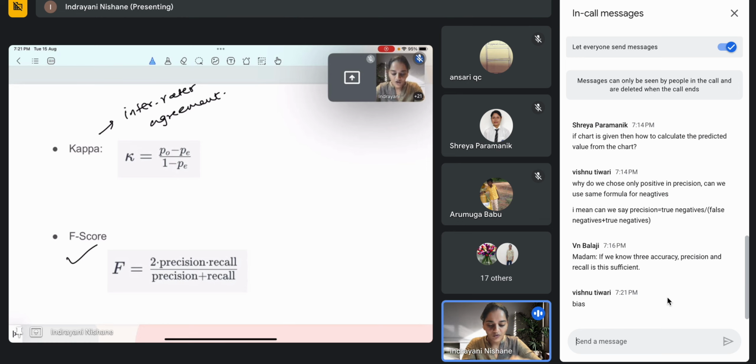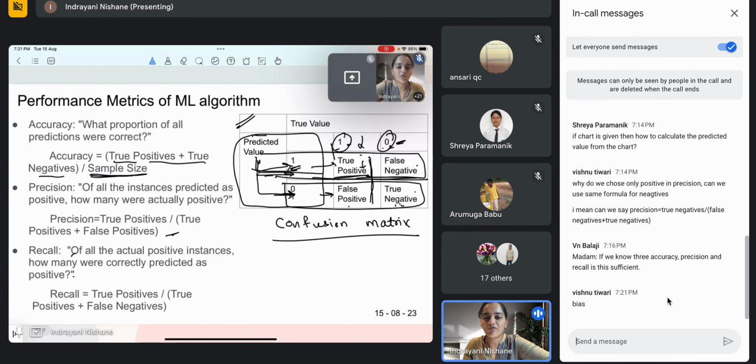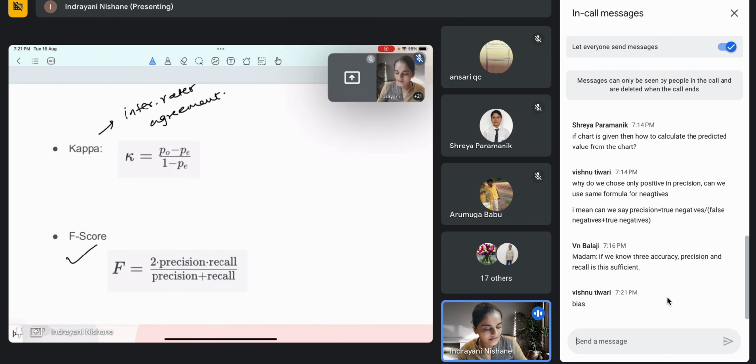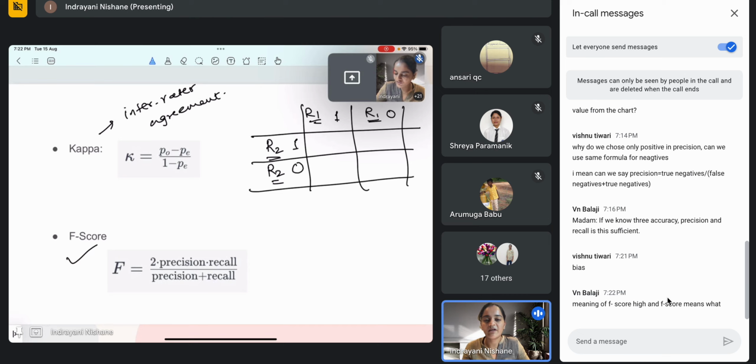Again, the same confusion matrix that was here with 0 and 1 repeats, but instead of actual values and predicted values, it will be rater 1 values and rater 2 values. So rater 1 1, rater 1 0, rater 2 1, and rater 2 0. So this matrix will also be a confusion matrix, right?